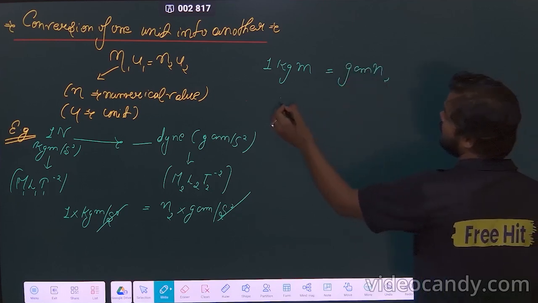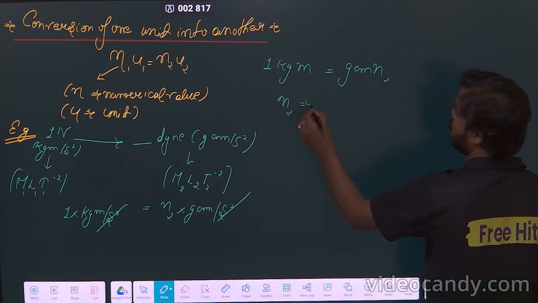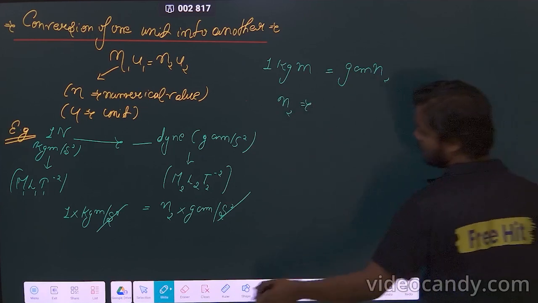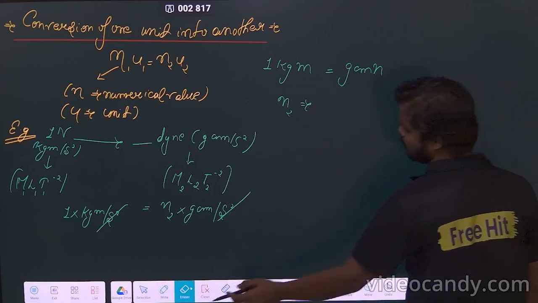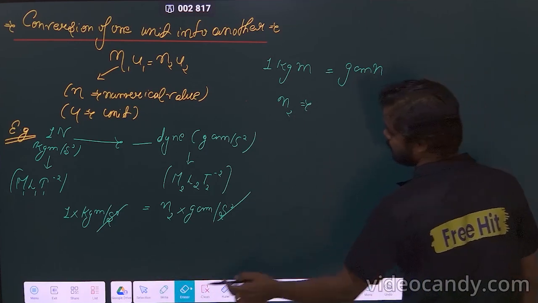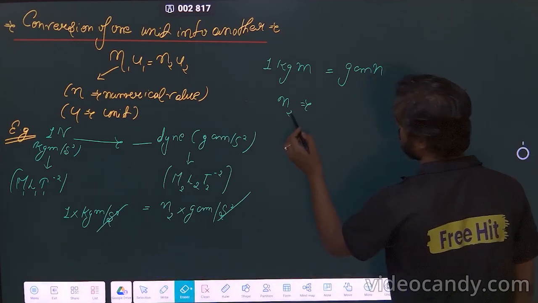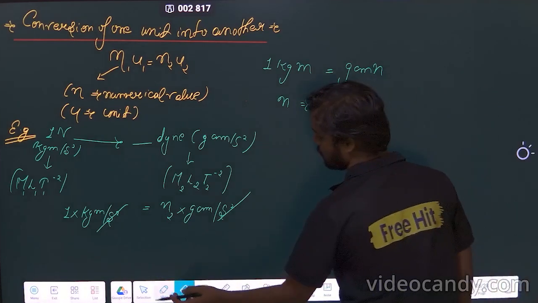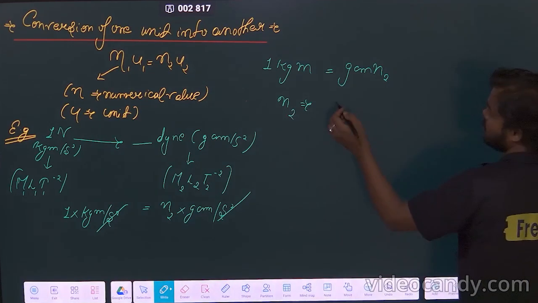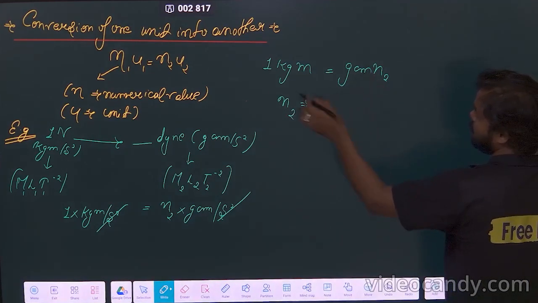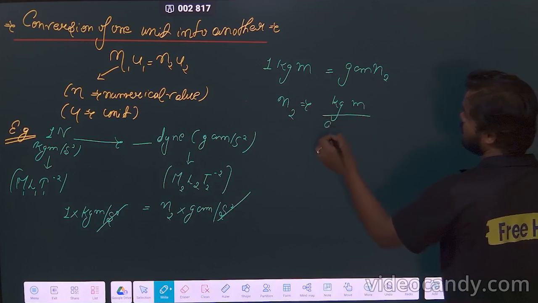So from here my N2 will be kg meter per gram centimeter.